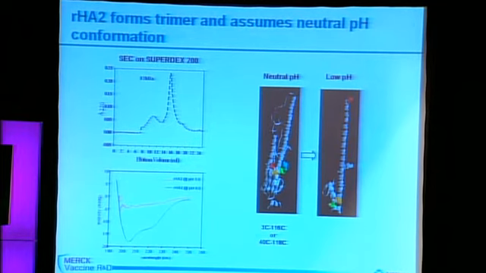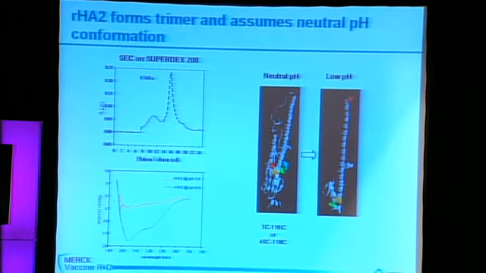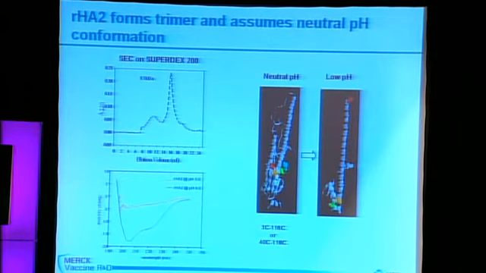This molecule is expressed in E. coli. On the sizing column, the molecule ran at about 84 kilodaltons, which is consistent with the predicted trimeric form of the HA2 molecule, 90 kilodaltons. This shows the CD spectrum. At neutral pH, the CD spectrum is consistent with the predicted value.